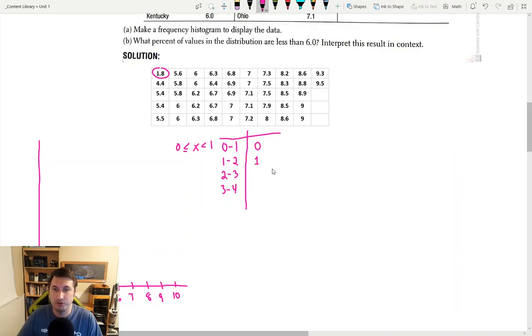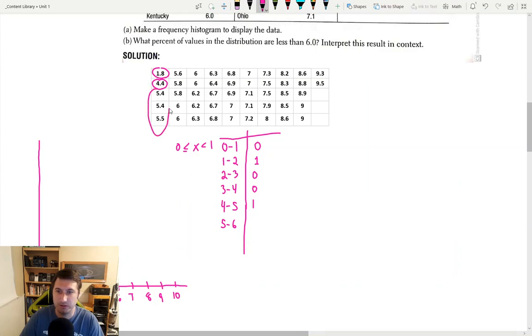From 2 to 3, nothing. From 3 to 4, still nothing. From 4 up to 5, we now again have 1. From 5 up to 6, that includes all of these up to here, but not including the 6s.